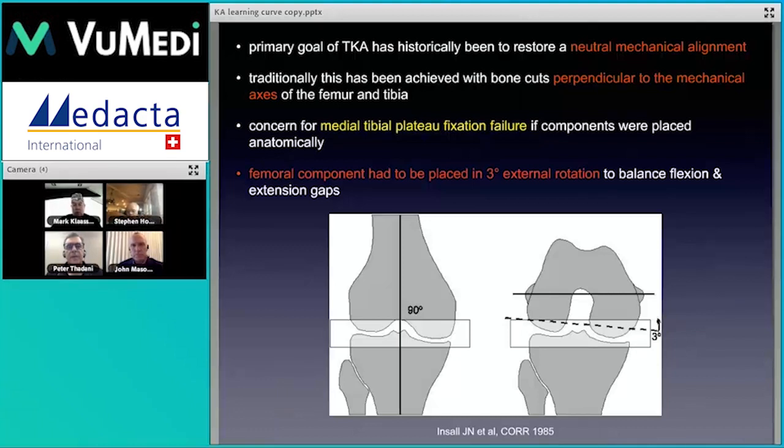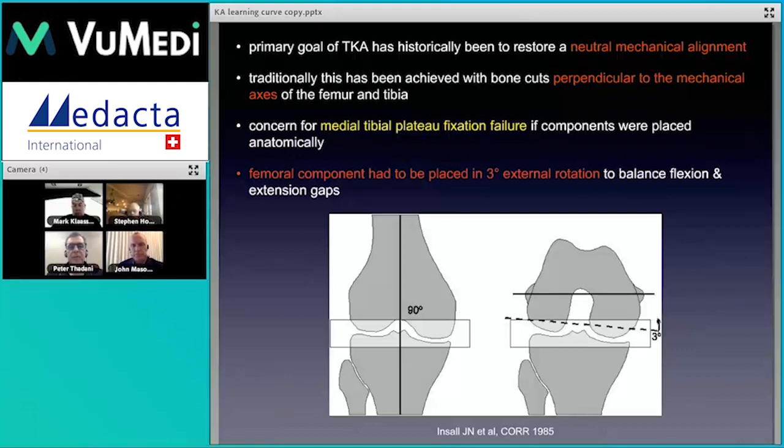They felt that, in contrast, cutting the bones in a more anatomic alignment would raise the risk for medial tibial plateau fixation failure, and thus the cuts were made essentially non-anatomically. As we all know, the tibial plateau is about 3 degrees of varus with regard to the anatomic axis of the long axis of the bone, but the mechanical alignment cut cuts the plateau perpendicular.